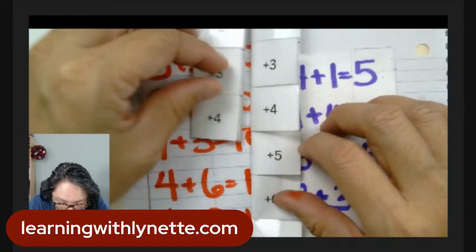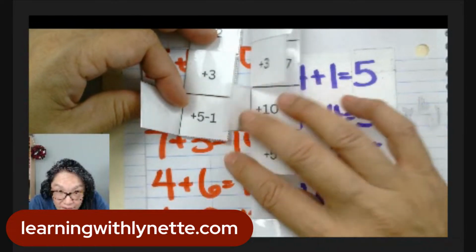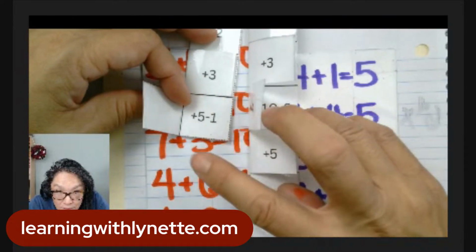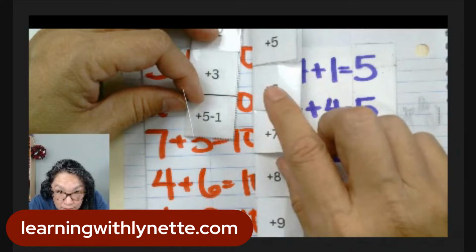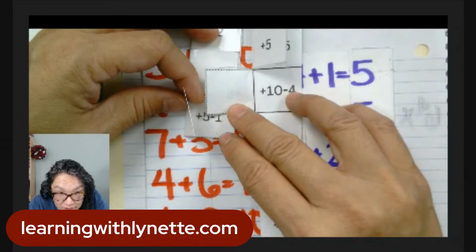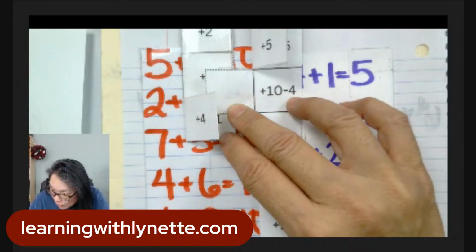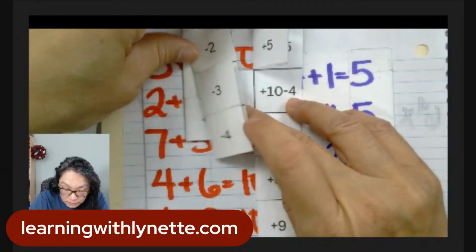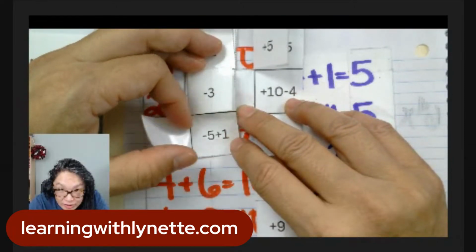You can either do a plus 5 or a plus 10. But notice if I go down here, I have a 6 and I have a minus 4. Minus 4 can be either minus the 4 or minus the 4. See how it weaves through?